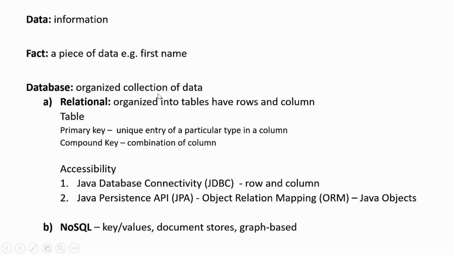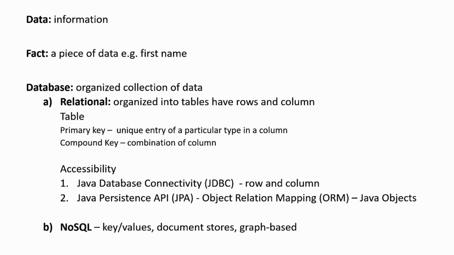A table has a primary key, which is a unique entry of a particular type in a column, and sometimes it is a combination of columns, and we call it a compound key. For example, a student identifier and a year might be a compound key.